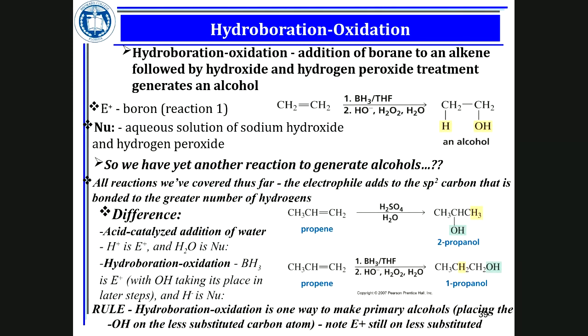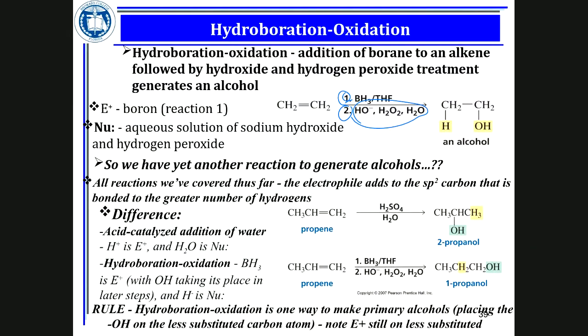When you are separating the reagent sets with numbers, 1 and 2, that means you have a two-step reaction. You get a product from the first reaction, and then the product from the first reaction is going to be exposed to the second set of reagents for the follow-up reaction.